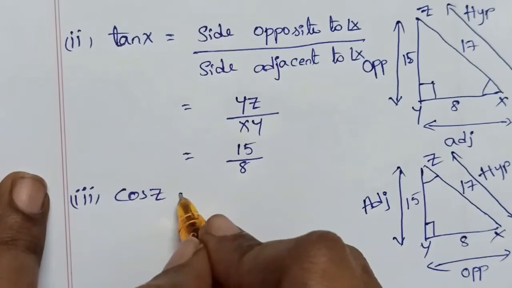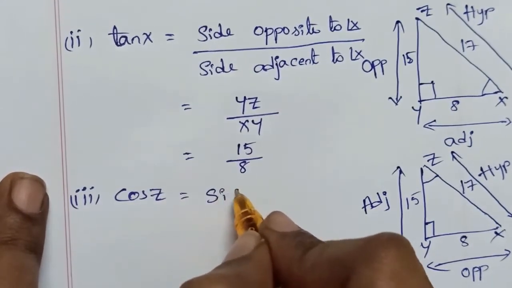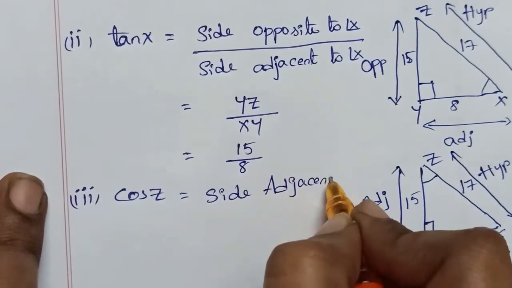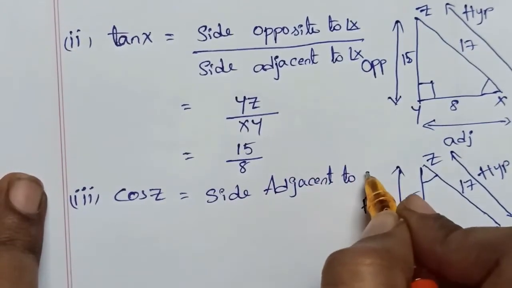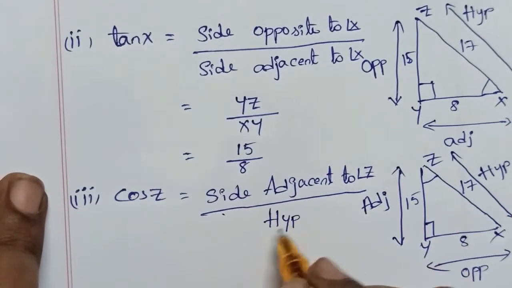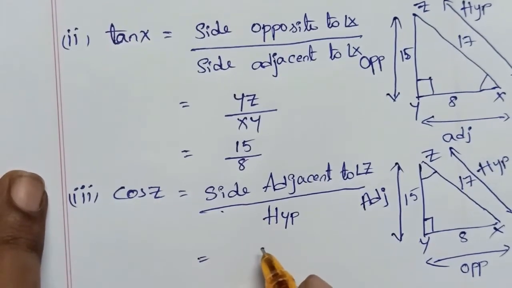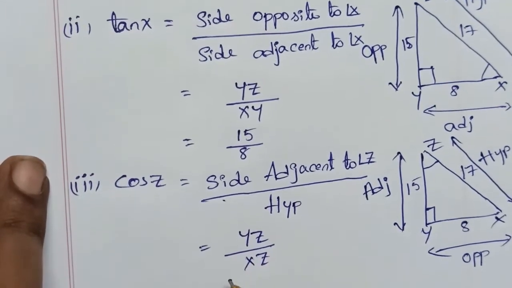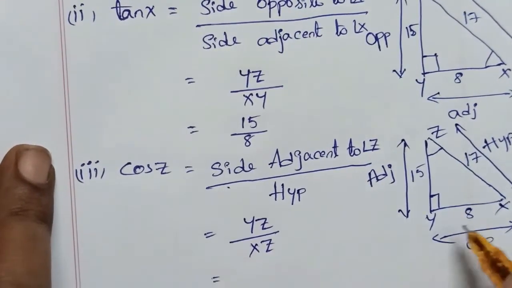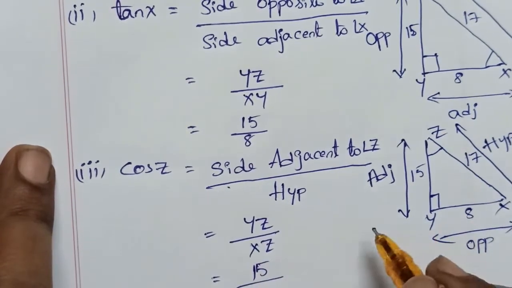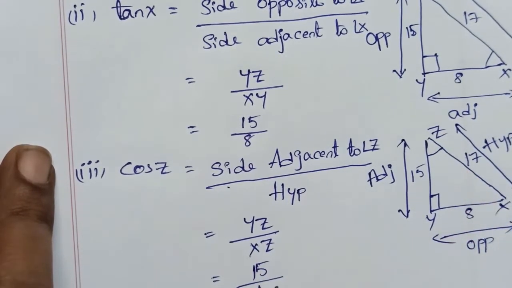So cos Z is equal to side adjacent to angle Z by hypotenuse, that is equal to YZ by XZ, that is equal to YZ is 15 and XZ is 17.